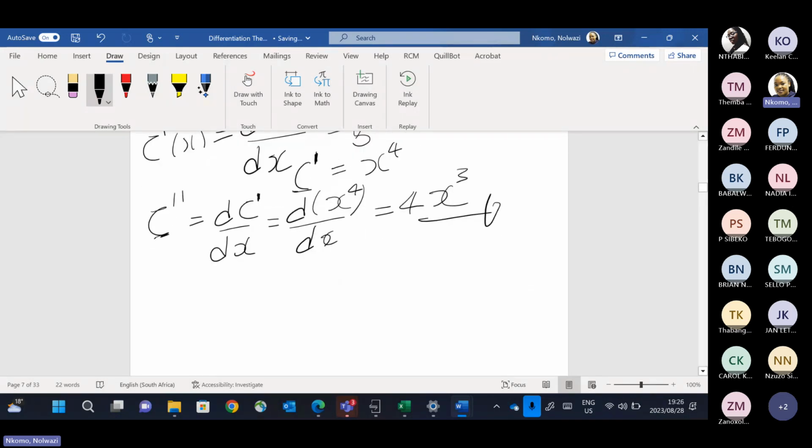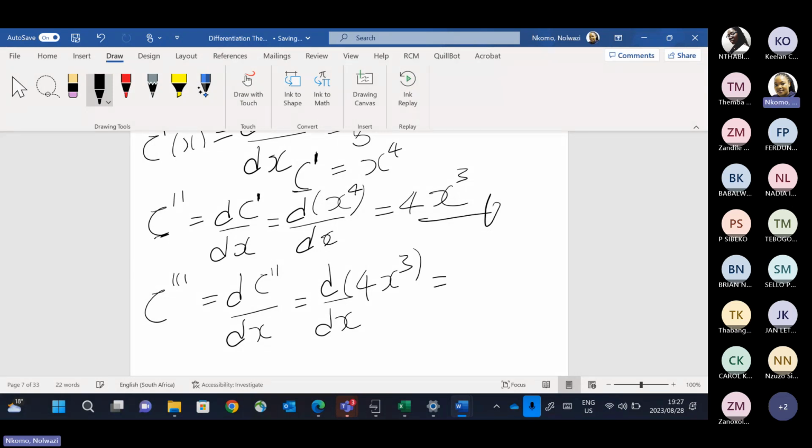We were asked to find the third derivative. Again, the third derivative is the derivative of the second derivative, meaning c prime prime would be the derivative of 4x to the power 3.